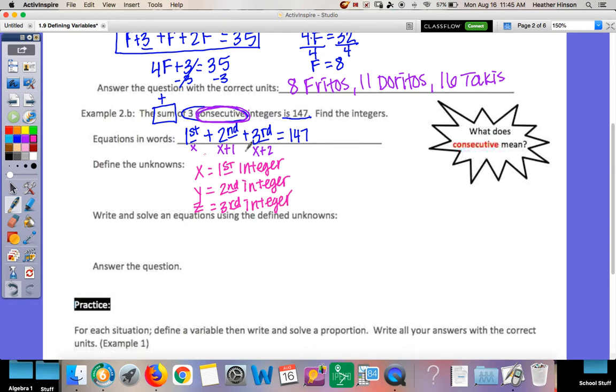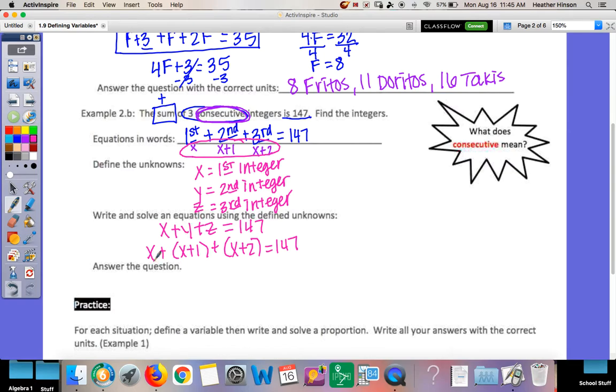All of that from your equation. So we got x plus y plus z, but like we said earlier, we're adding 1 to get the second number. Then we're adding 2 to get the third number. And all of that equals 147. Sorry, totally skipped the defining.